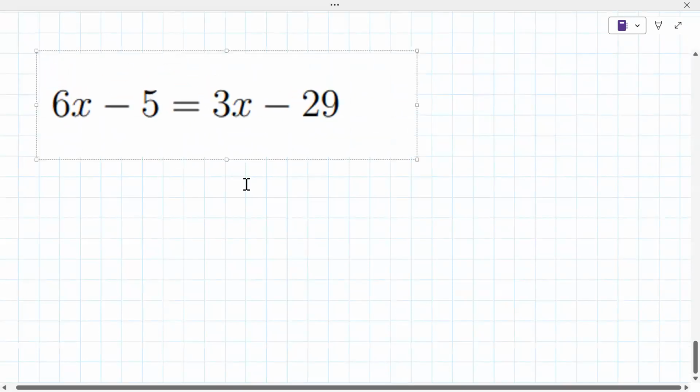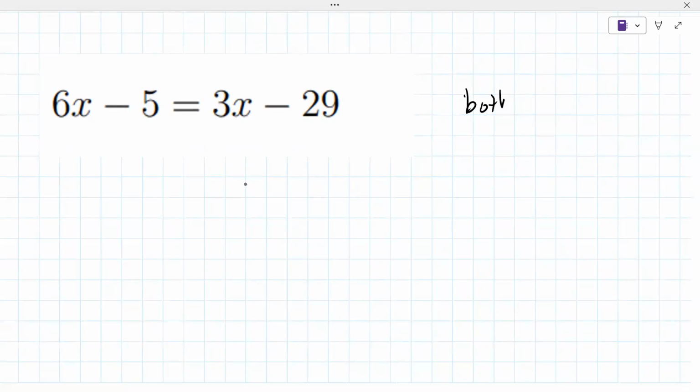Now, when there's variables on both sides, all right, when they're on both sides, you move from the smaller to the larger.